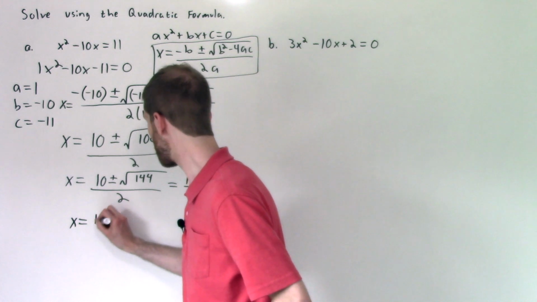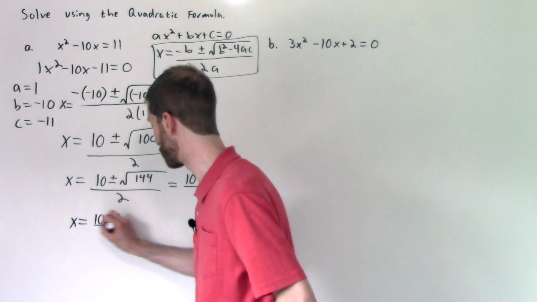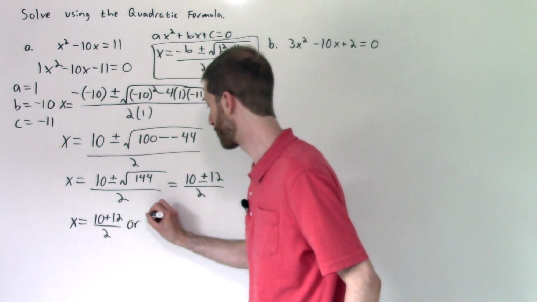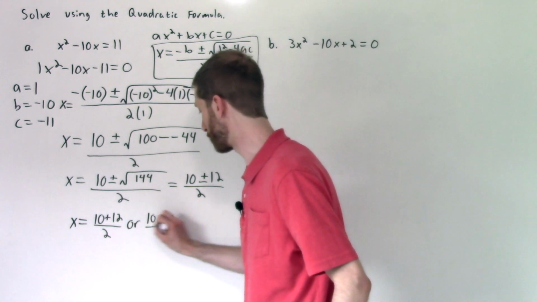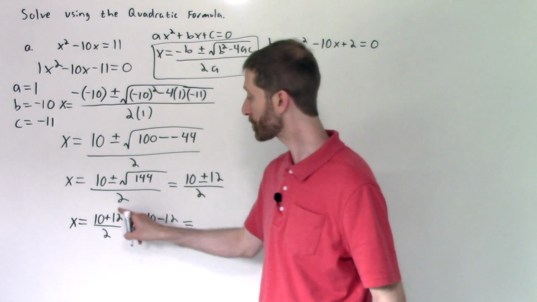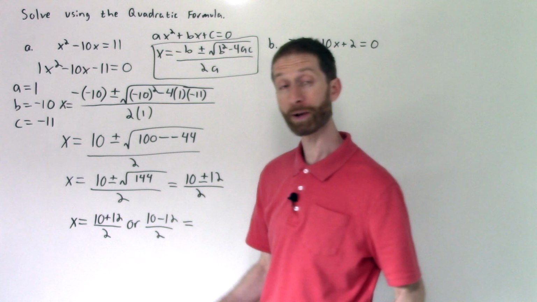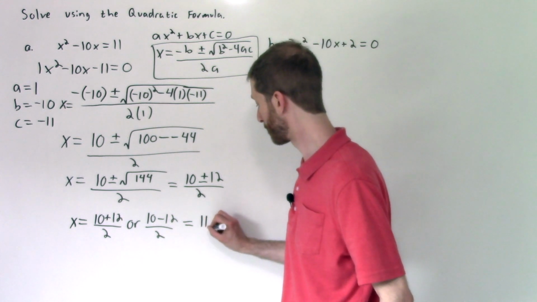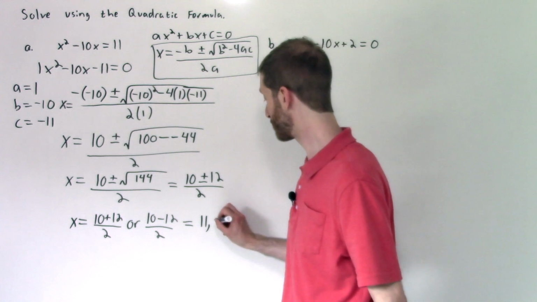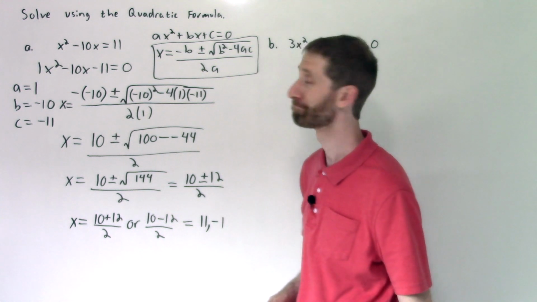It means that x is equal to 10 plus 12 over 2, or, it's literally read or, 10 minus 12 over 2. And if you simplify this out, 10 plus 12 is 22, divided by 2 is 11. 10 minus 12 is negative 2, divided by 2 is negative 1.